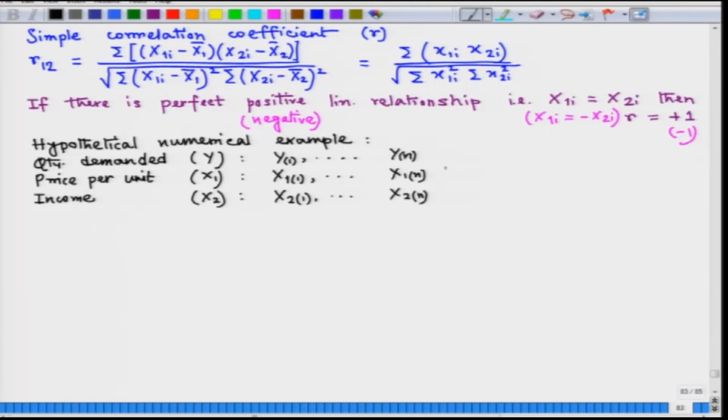So, basically this is coming close to our theory of demand, right.